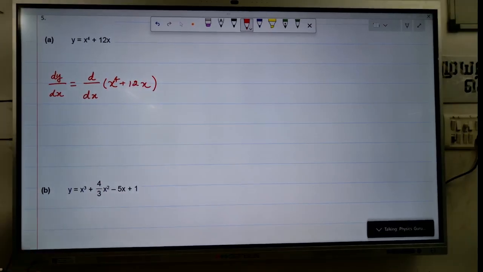Correct? x to the power 4 plus 12x. Is that right? So now what should we do? Guide me.